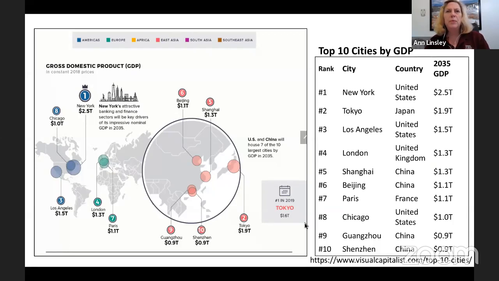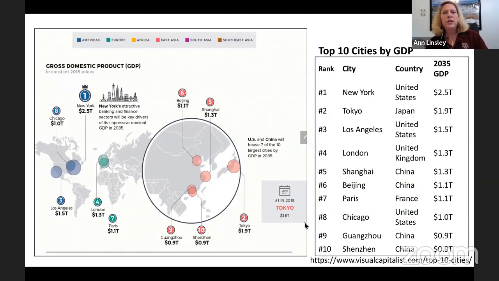But if we look at the top 10 cities by GDP, you see New York, $2.5 trillion is supposed to be the GDP of New York City by 2035, a staggering amount. Notice also Los Angeles and London are in there.